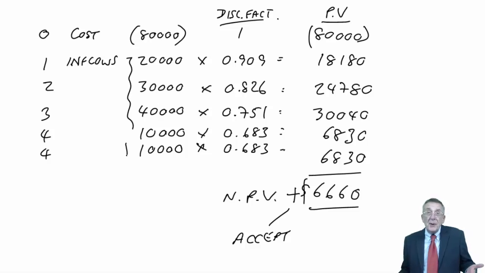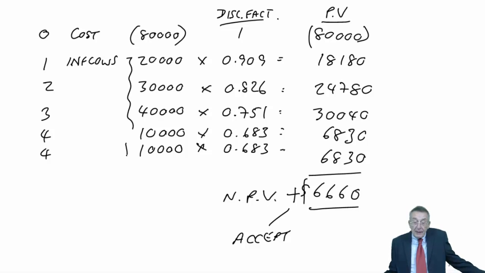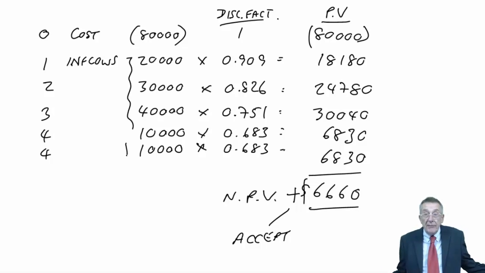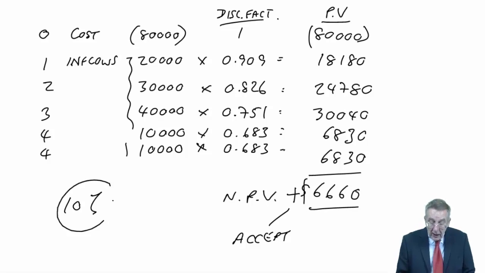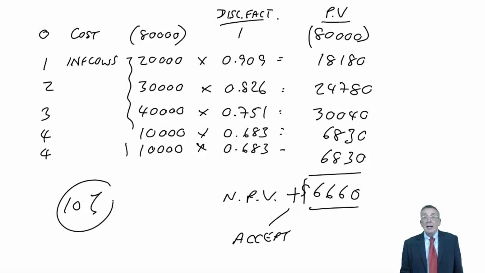Secondly, of course, as with any measure, it's all based on estimates. Estimates of all those cash inflows, and if any of those turn out to be different, the NPV would be different and potentially we've made the wrong decision. There's also a big problem about the cost of capital. We'll discuss later, but it's very hard to calculate a cost of capital accurately.